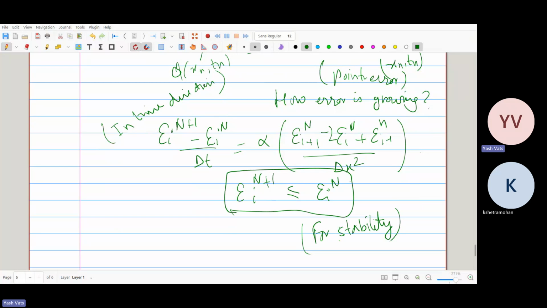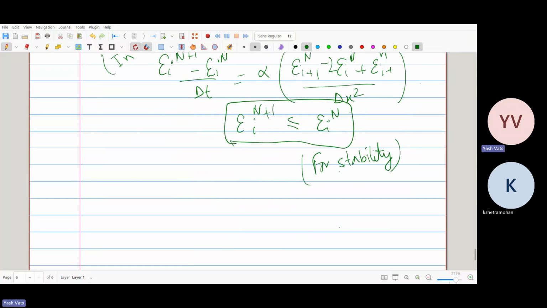If you go to your lecture, they do something to set up a condition. They came up with an expression like 1 minus 2 alpha delta t by del x square, and then say that this should be less than 1.